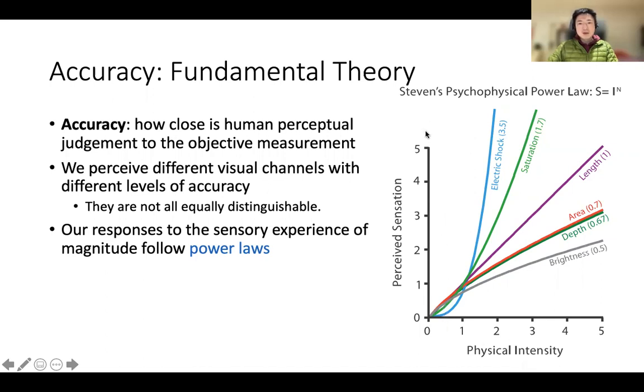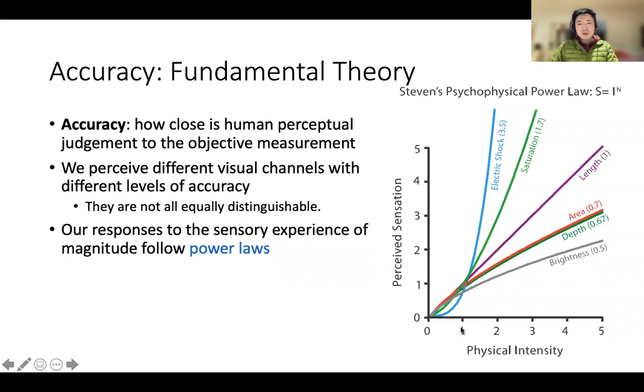And on this side is the perceived sensation. That means when you look at or feel, let's just say look at, for simplicity, because it's mostly visualization anyway. When you look at the visualization, what do you think the value is? What you want is for the physical intensity to match your perceived sensation.